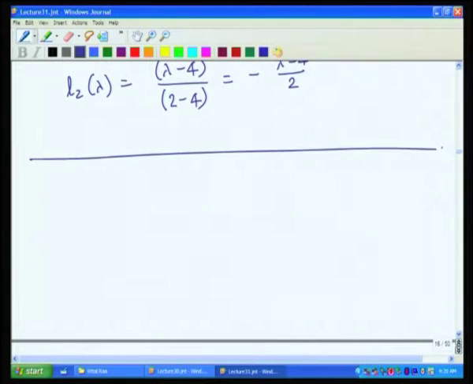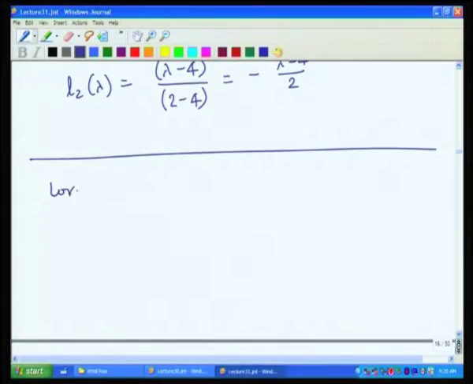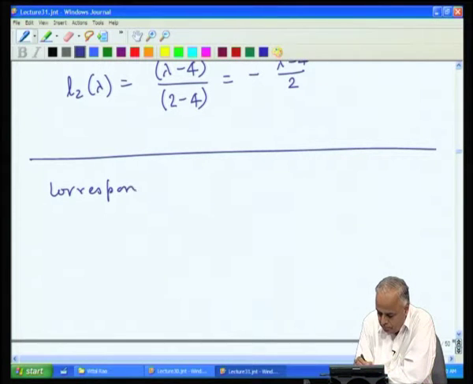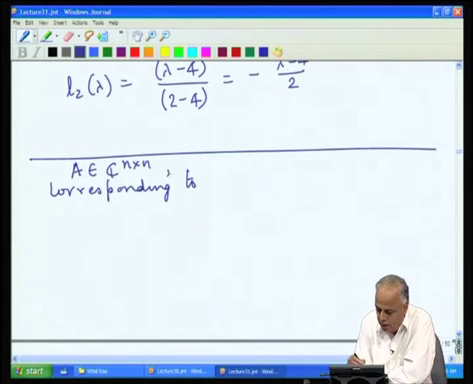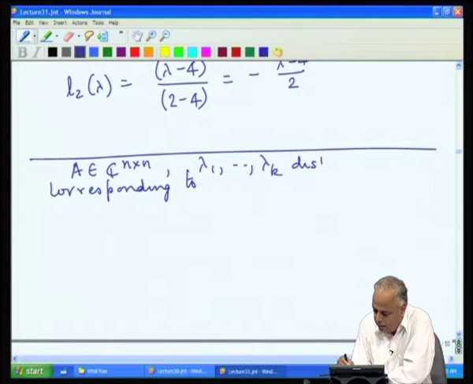Now, suppose we have these polynomials corresponding to the matrix A. We have seen that corresponding to every polynomial in lambda, we have the corresponding polynomial matrix. So, let us take a general matrix A in C n, and lambda 1, lambda 2, lambda k distinct eigenvalues.